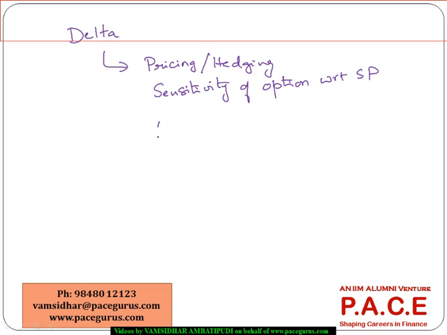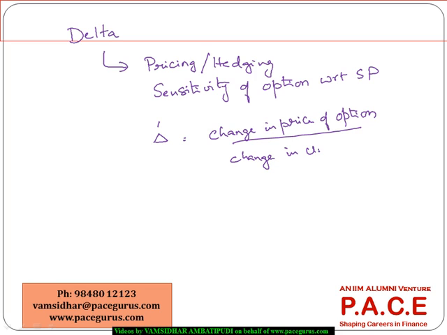Typically whenever we talk about the delta, we talk about change in the price of the option divided by change in the underlying stock price. This is what we call delta.